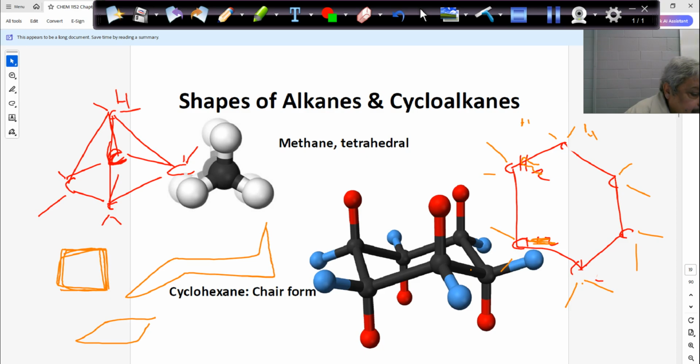But cyclohexane, because it has more carbons, you will see some of them sticking up, some sticking down, and it looks really like a sofa type of geometry. But the alkanes in general look tetrahedral.